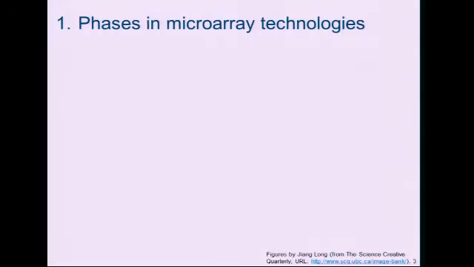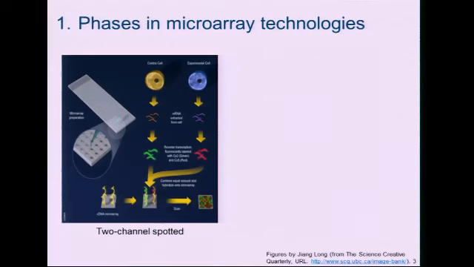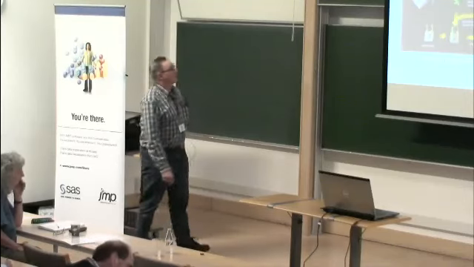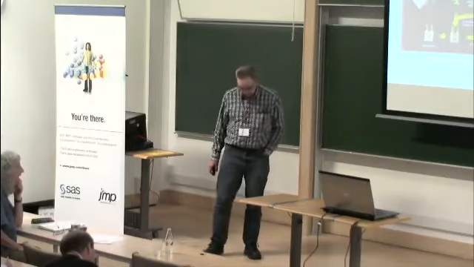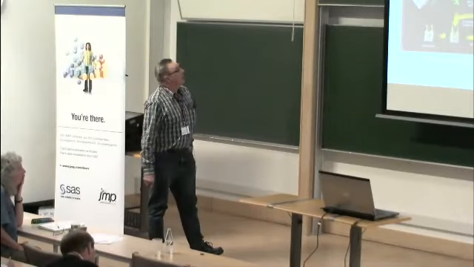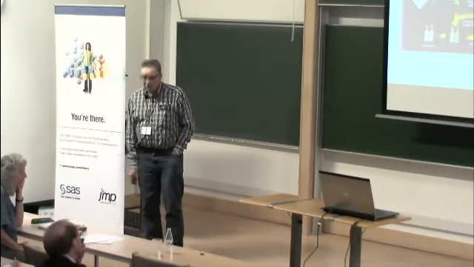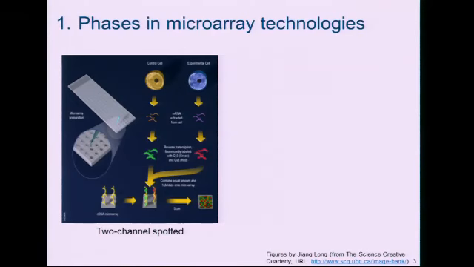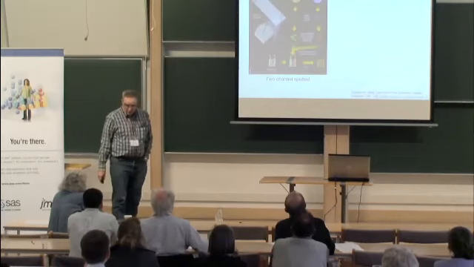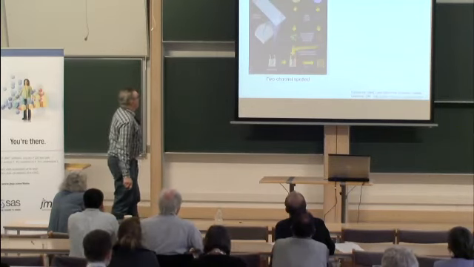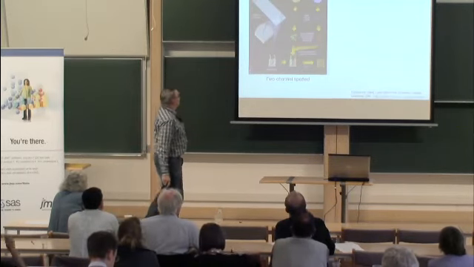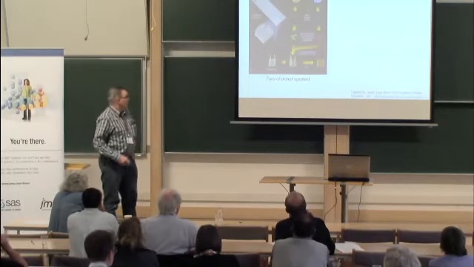So just to make sure we all understand what goes on in microarray experiments, I've got this little outline of the processes. For something like a 2-channel spotted microarray, you start off with cells, perhaps one from a treatment and one from a control, or from 2 different treatments, and you extract the RNA from these cells, and then they are reverse transcribed and dyed so that you end up with some cDNA of different dyes.